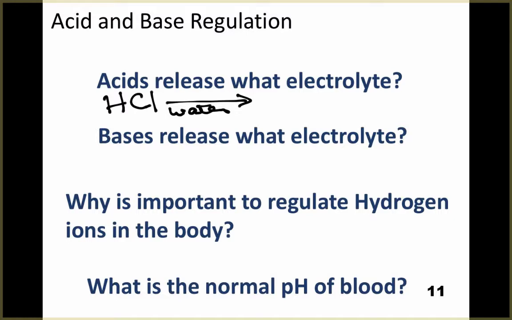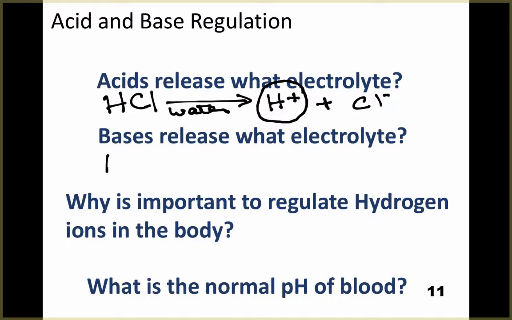If you said it dissociated into the hydrogen ion and the chloride ion, you would be right. And what's important about this, it asks, is acids release what electrolyte? And here, when we're talking about acid-base balance, we're concerned with the fact it releases hydrogens. And that hydrogen is going to change the pH.